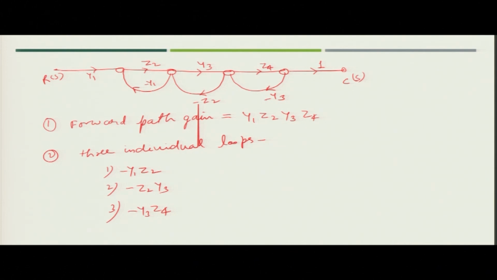Next, you need to find out the pairs of non touching loops. If you only draw the loops in this signal flow graph, there will be 3 loops: z 2 minus y 1, y 3 minus z 2, and z 4 minus y 3.